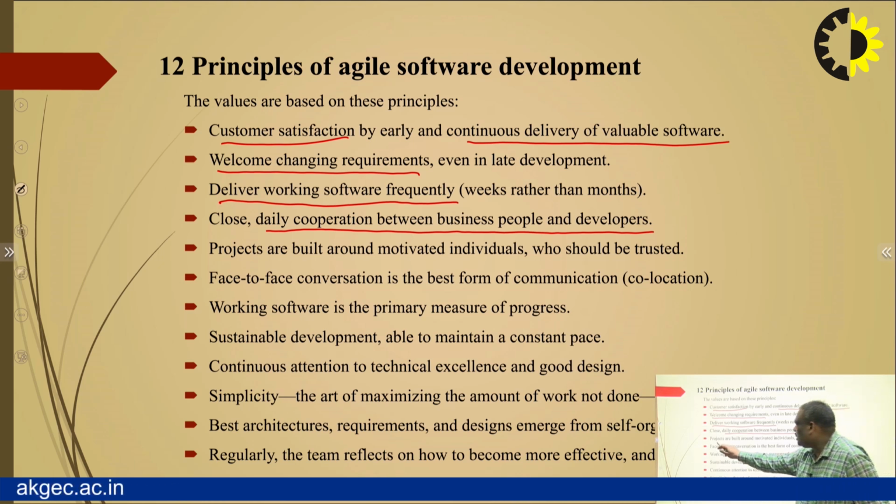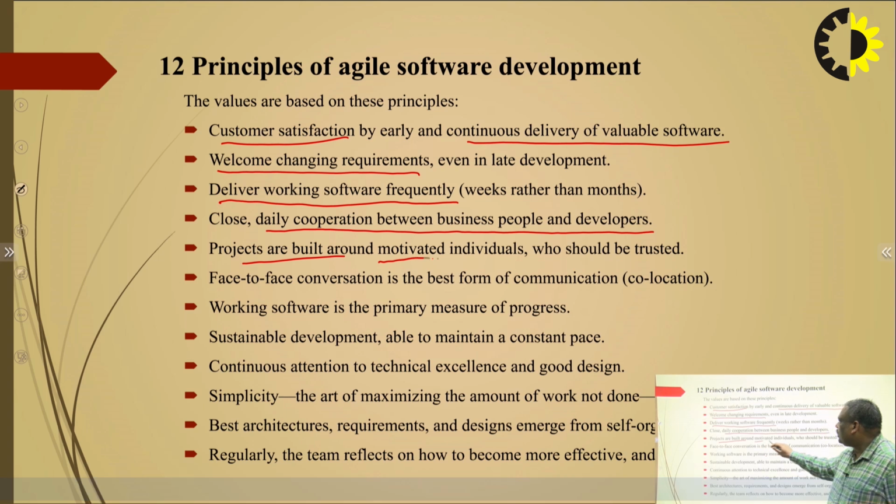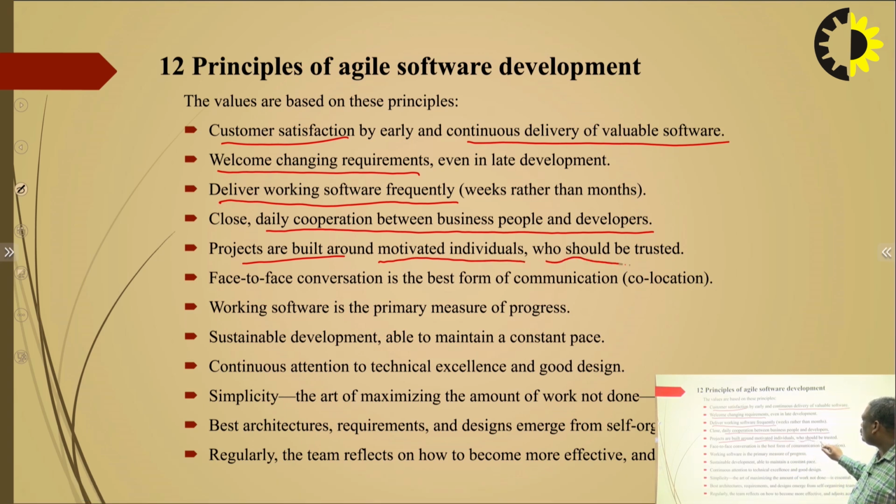Projects are built around motivated individuals who should be trusted. So trust is very important here because of less documentation. In the traditional method, we have long documentation with dual signatures, but here the documentation is limited, so we generate trust only.